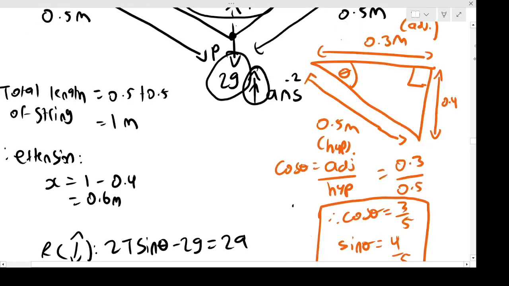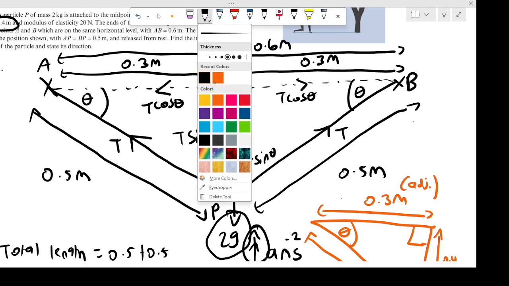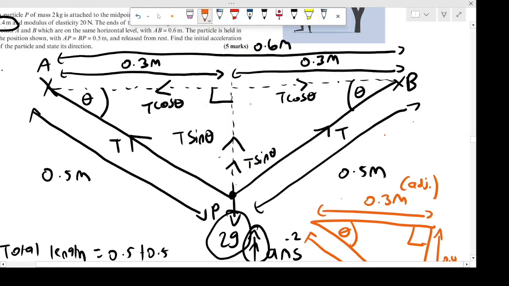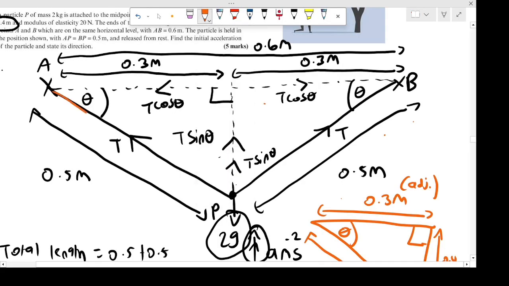As I discussed at the start when setting this up, the string is essentially in 2 parts, left part A to P, P to B. You could consider just half the string, so you'd need half the extension and half the natural length. Or again, you could just consider the whole thing, A to P and P to B, so you're considering the total string. So let's consider the total string here.